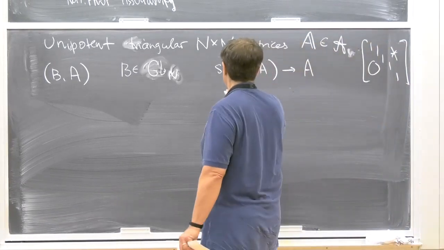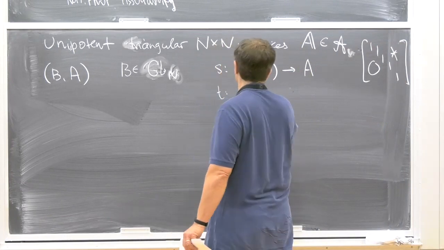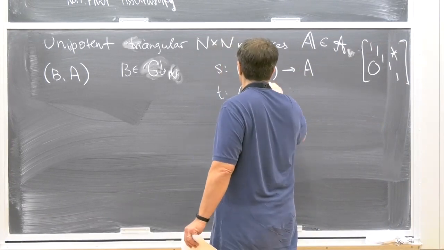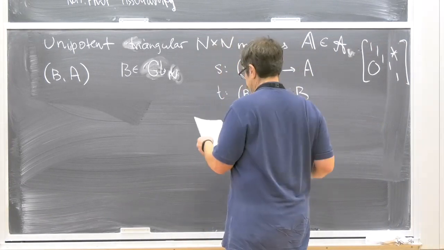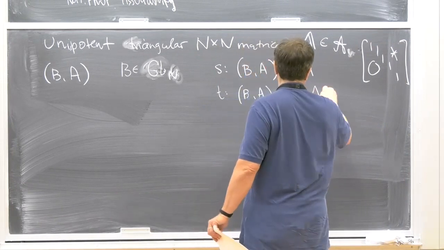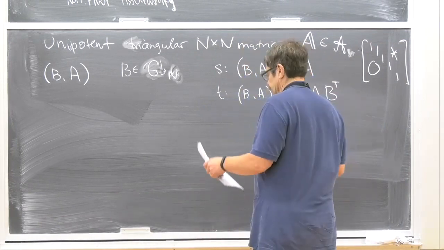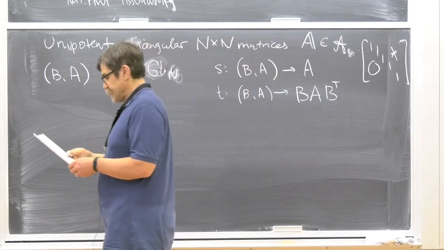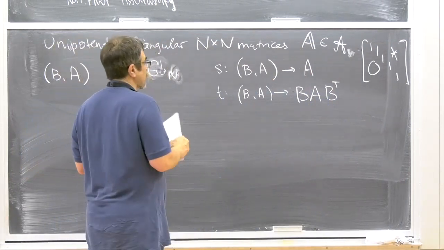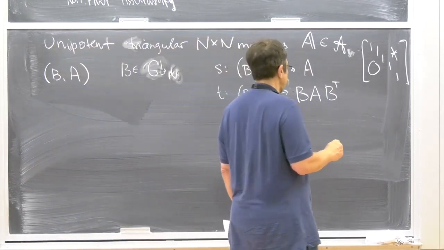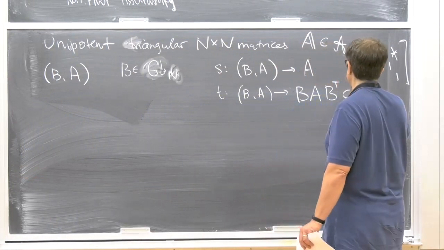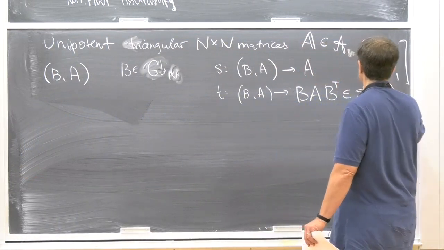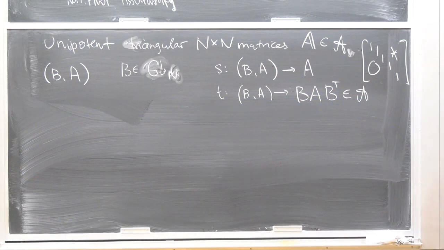So this is the source map. The target map, again, is just B transposed, and we impose the restriction that this map itself belongs to the same set. So we obtain the matrix of the same form.